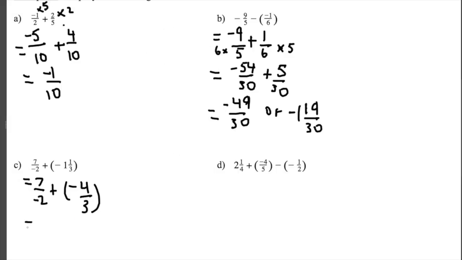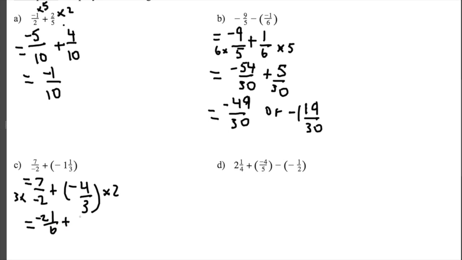So now get a common multiple. 6 would be a common multiple for the top and the bottom. So we can just multiply this side by 3, multiply this by 2. So again, we're multiplying the numerator and the denominator. So we have to get 21 over 6. Negative 21 over 6. And we're going to add.